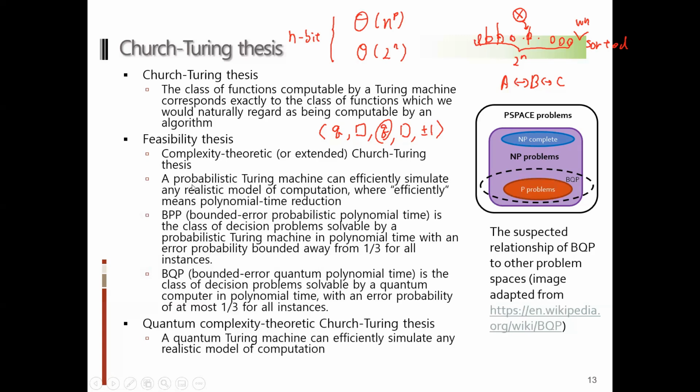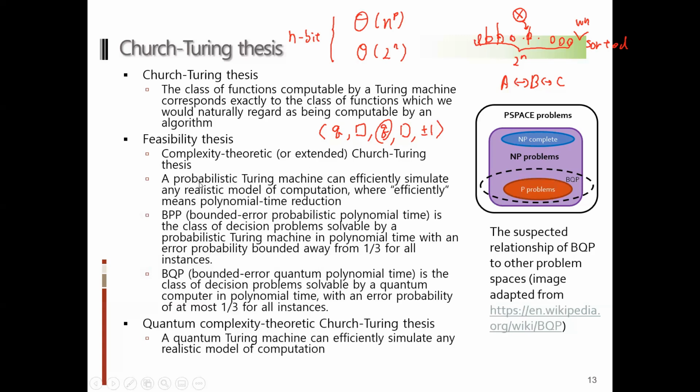And then, the reason we allow this kind of probabilistic Turing machine compared to the deterministic Turing machine is that at some point people believed that the probabilistic Turing machine might be able to solve more problems efficiently compared to the deterministic Turing machine, but it actually is not the case.